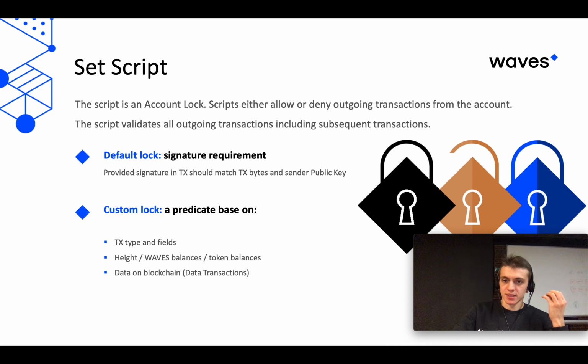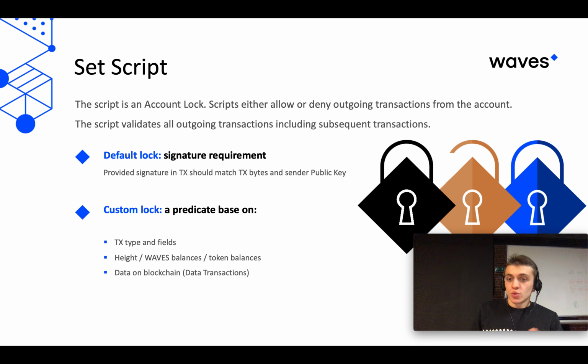A smart account is an account with changed behavior, with a changed lock. For example, that lock can be just open, so any user can make a transaction from that account. If you write in your smart account just true, anybody can make a transaction from that account.